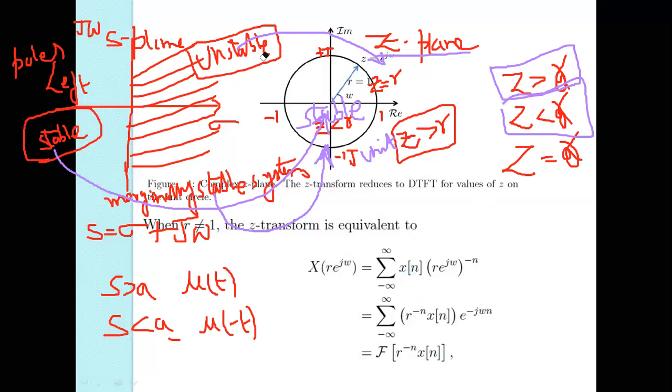Unstable means any one pole that is present in the right half of the S plane, then that is an unstable system, and in the Z plane, Z is outside the ROC.